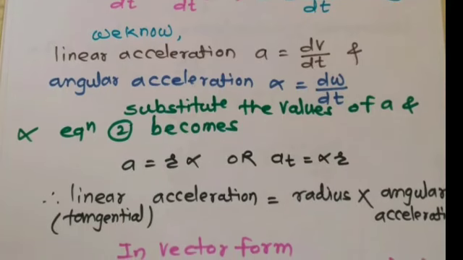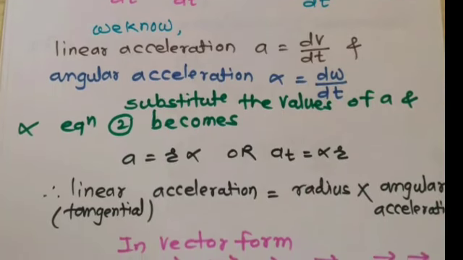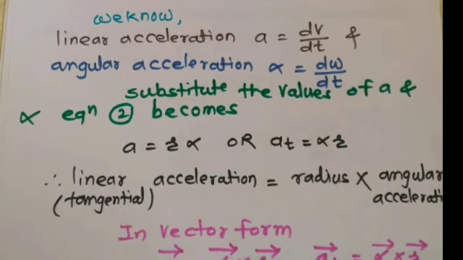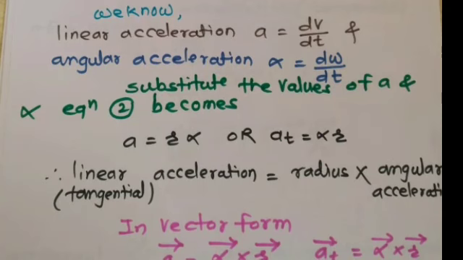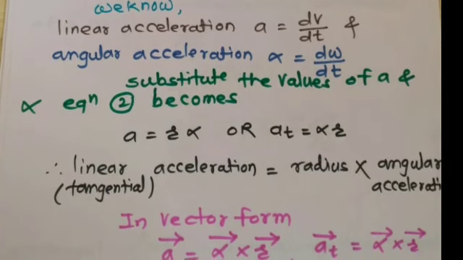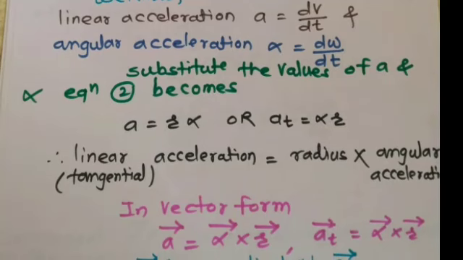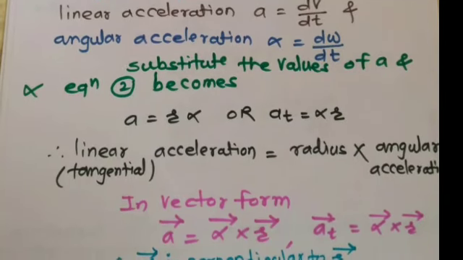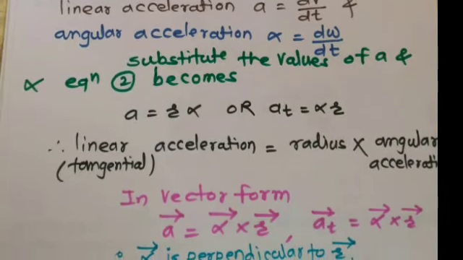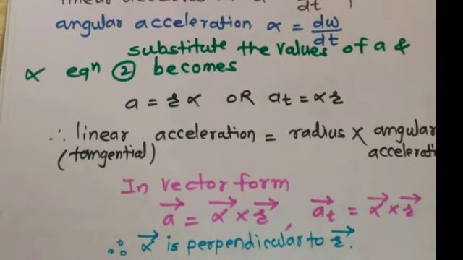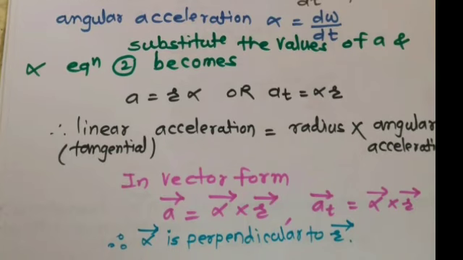Therefore, linear acceleration is equal to radius multiplied by angular acceleration. In vector form, vector a equal to vector alpha multiplied by vector r, or vector a tangential is equal to vector alpha multiplied by vector r. We say that alpha is perpendicular to vector r.